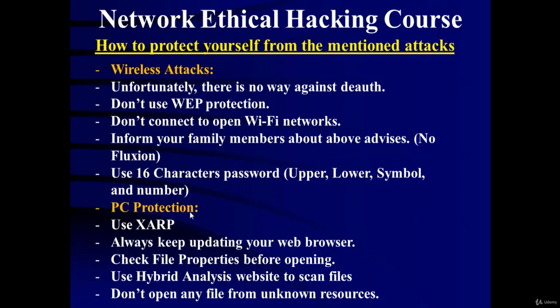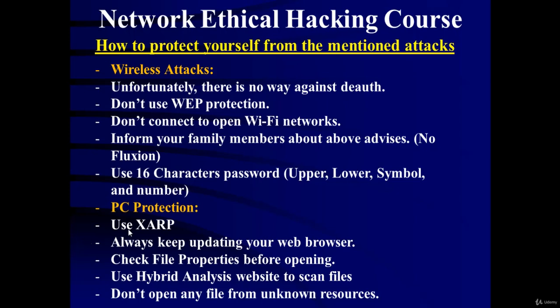Now regarding the PC protection, you need to use XARP to notify you if there is any man-in-the-middle attack in your network, or if there is anyone trying to do ARP poisoning or an ARP attack.